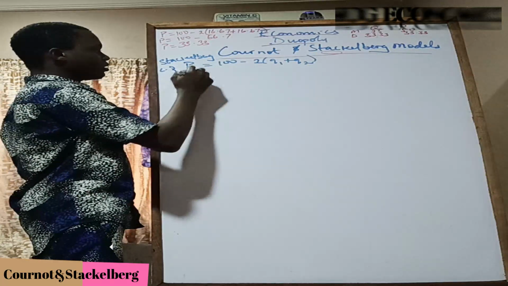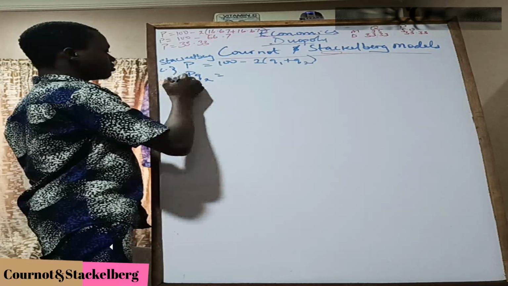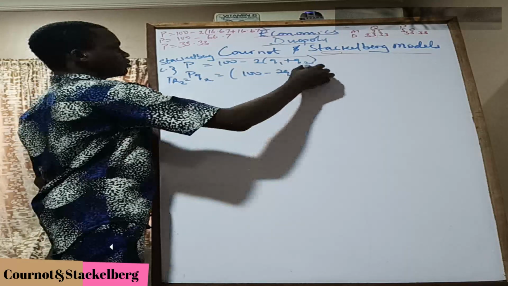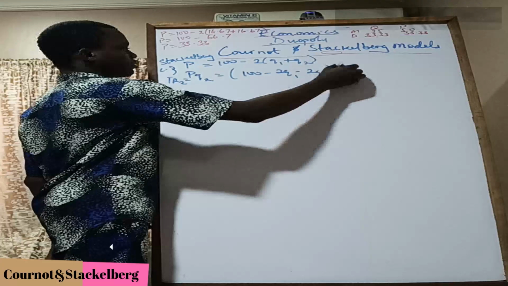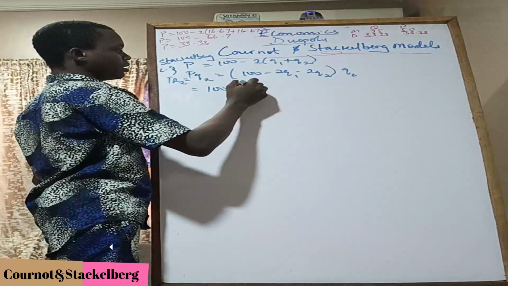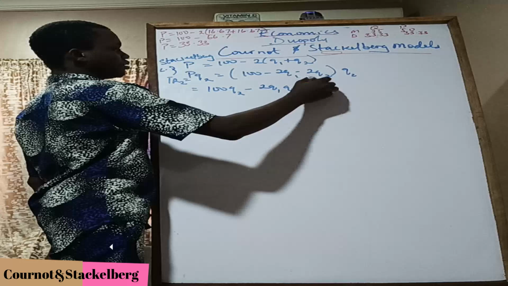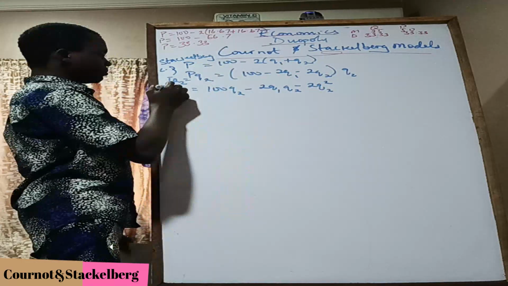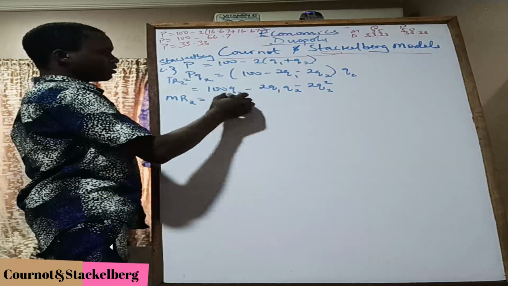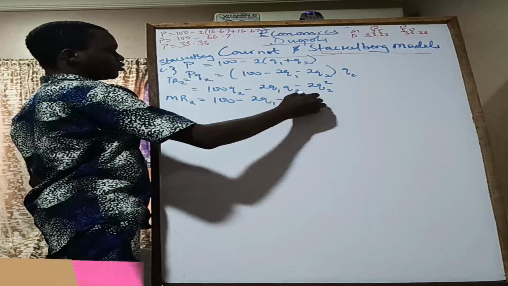So we had P times Q2, that is TR2 equals (100 minus 2q1 minus 2q2) times q2, and that gives us 100q2 minus 2q1q2 minus 2q2 squared. Then MR2, which you already know how to do, is 100 minus 2q1 minus 4q2.